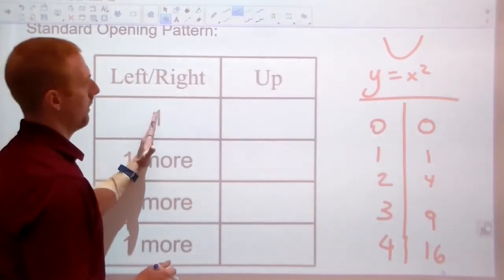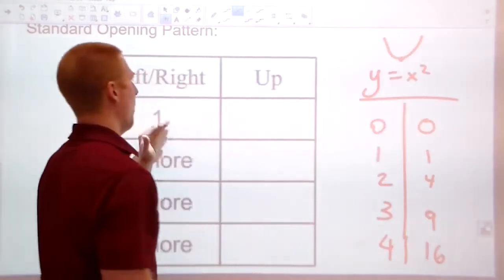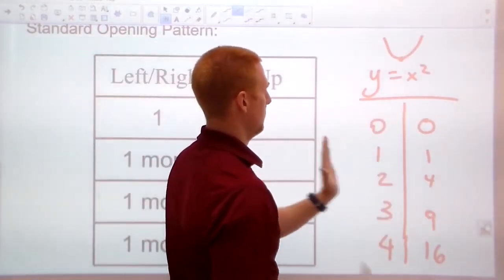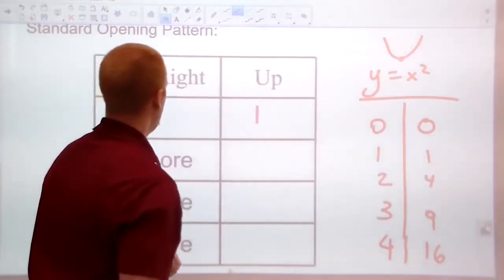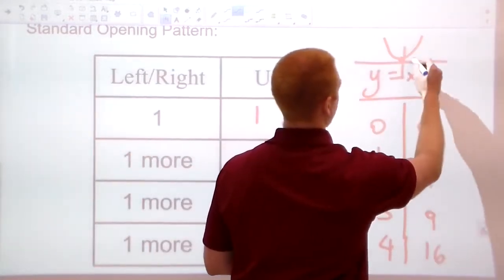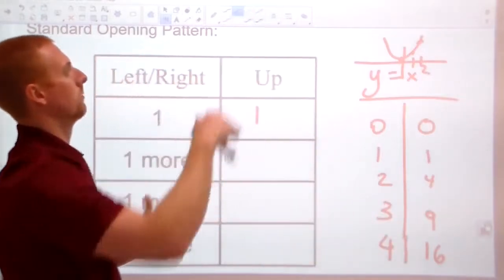So at the vertex, start at (0, 0). The first time you go over 1, so as I go 1 to the right, I'm going up 1 for y. Now if I go one more over, so let's put that on the graph. If I go one more over, now I jump up to 4.